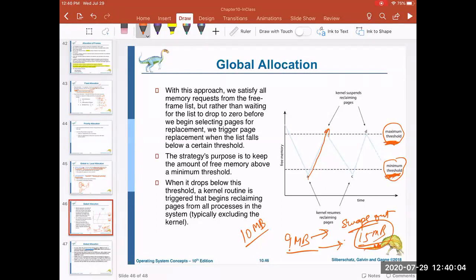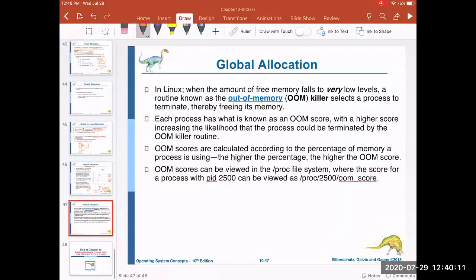So this is done for global allocation, and this strategy is used to free up space. In Linux, there are out of memory killers, which terminate processes. A score is maintained for that.